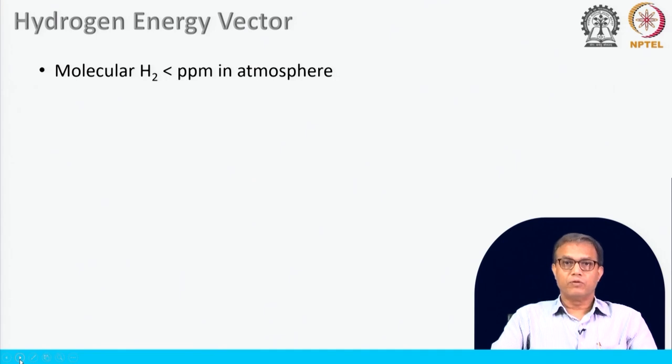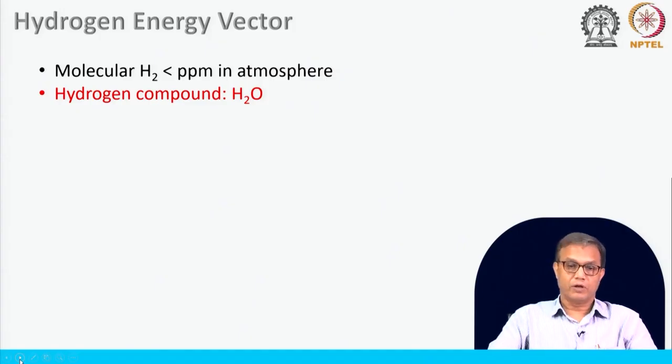If we go something like 100 kilometers above the earth's surface, that layer mostly contains hydrogen, but nobody is going to pick up hydrogen from 100 kilometers above the atmosphere. So, what is the source of hydrogen then? We have a stable compound on earth, that is water, but as I have said, it is a stable compound.